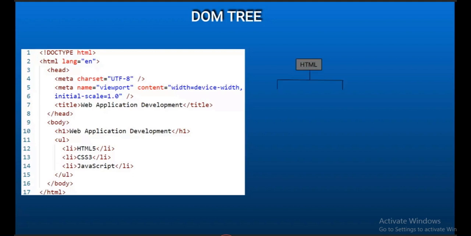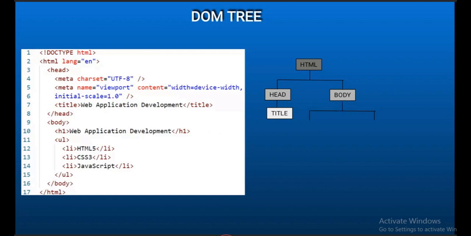We can see that there is an HTML tag, and inside that HTML tag there are two tags, head and body. Inside the head tag we can see another tag called title. Inside the body tag we can see two tags, h1 and ul.